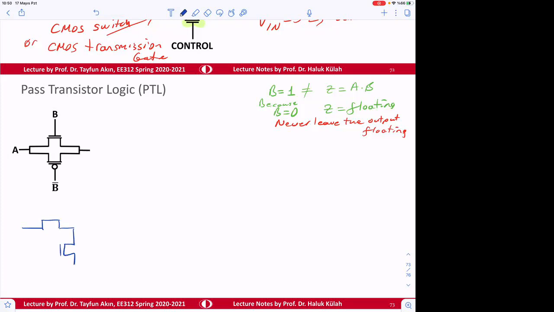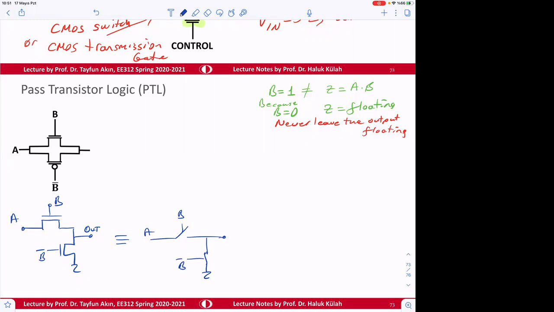If we do this, like this is B bar, this is B, and then this is A, and this is out, then we really have the correct logic, because this is going to be A and switch B, and then this one, when B is on, B bar is going to be switched off.